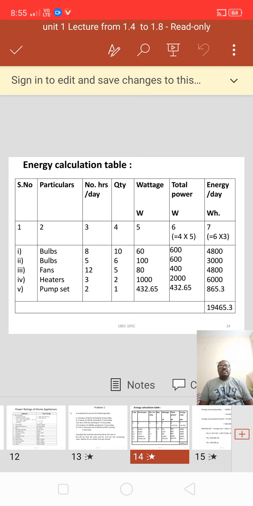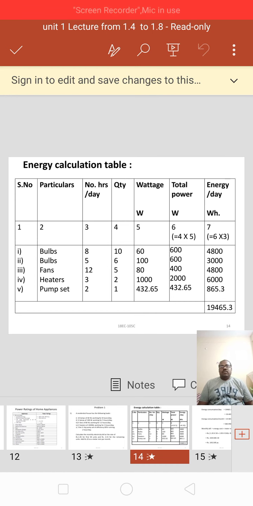That is, energy consumed per day is 600 into 5, that is 3000 watt hours. Okay, for 1 hour, the bulbs have 600 watts of power. For 5 hours per day it takes 3000 watt hours, that is 3 kilowatt hours.